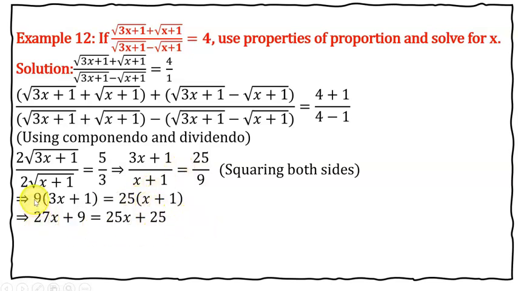And next simplification, 27x plus 9 into 1 is 9, equals 25x plus 25. Now transfer this 25x to the left hand side, 9 to the right hand side. Then you will get 2x is equal to 16, and hence x is equal to 16 upon 2, x is equal to 8. Okay, and this is the answer.